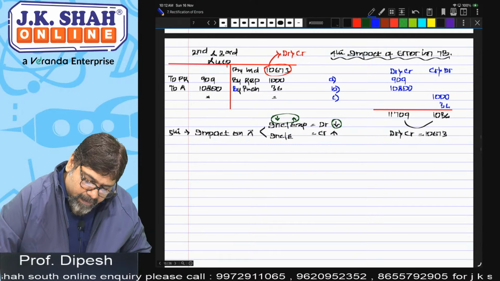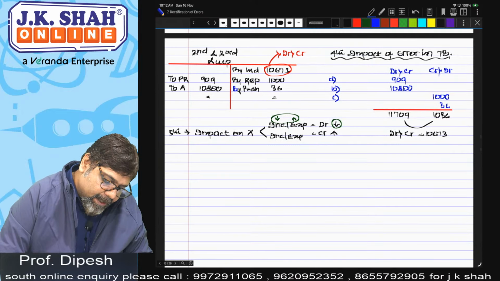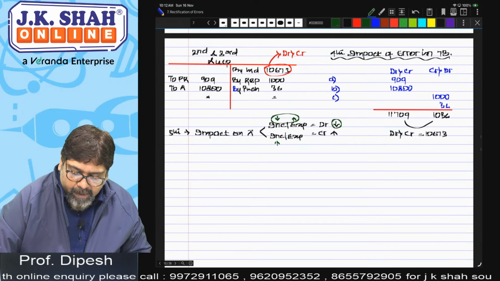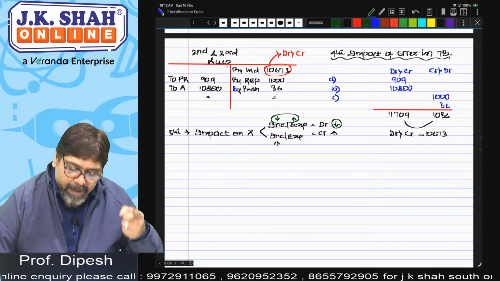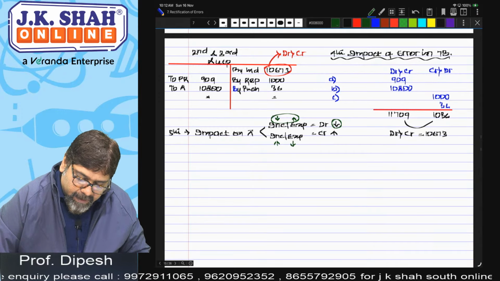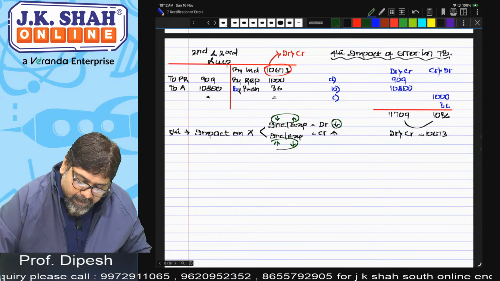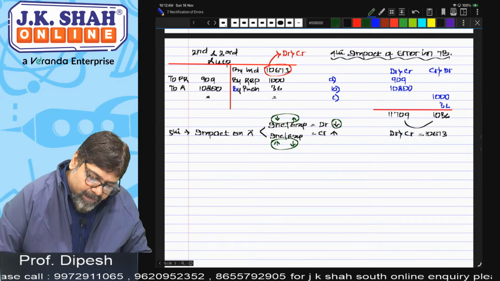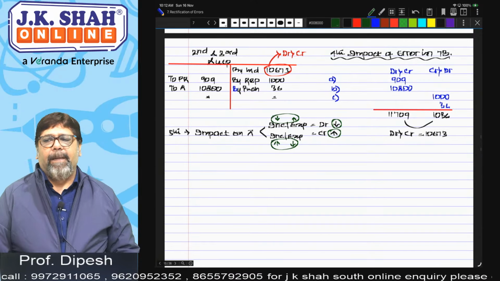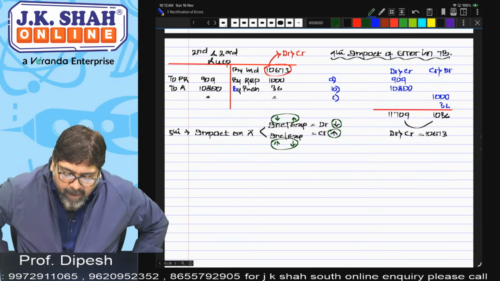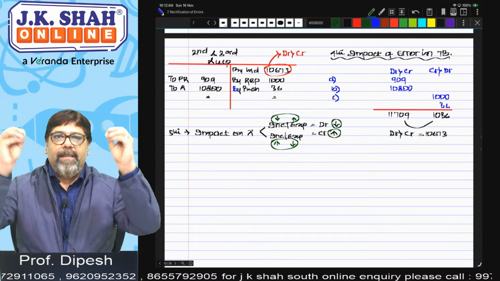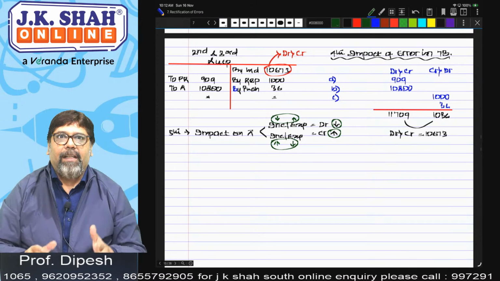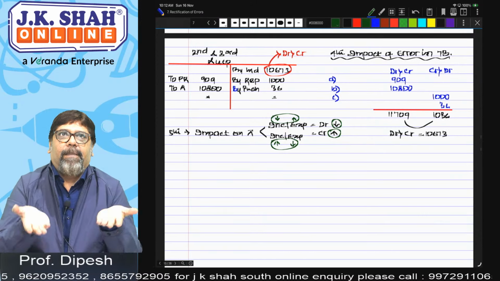If income is credited, income is increasing. If expense is credited, expense is decreasing. If income is increasing or expense is decreasing, profit will always go up, yes or no? So income or expense debit, profit comes down. Income or expense credit, profit goes up.